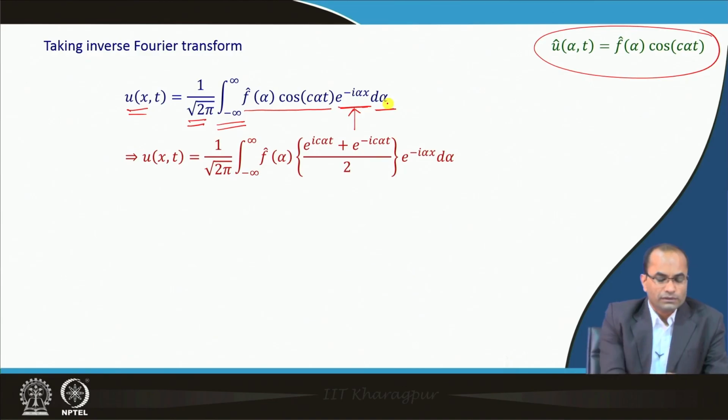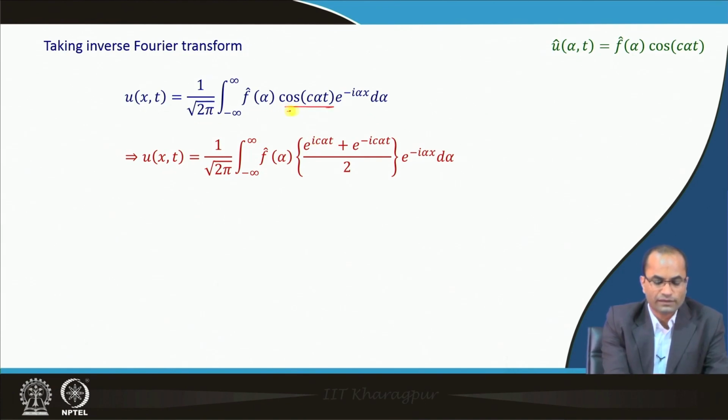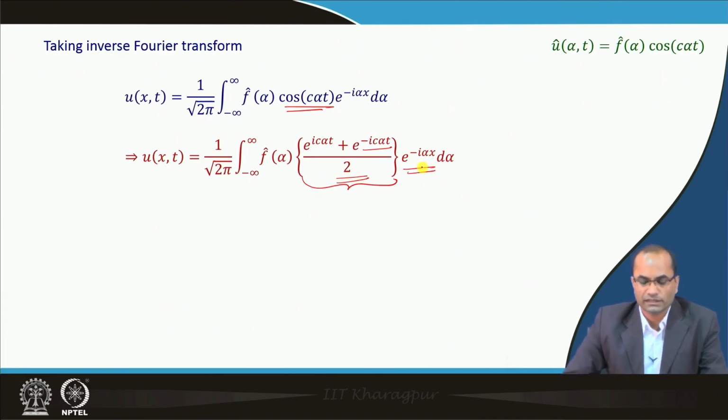So, now for this u x t, given this cos c alpha t, we can use the Euler formula to set e power i c alpha t plus e power minus i c alpha t divided by 2, and then we have here the exponential minus i alpha x integrated over d alpha.